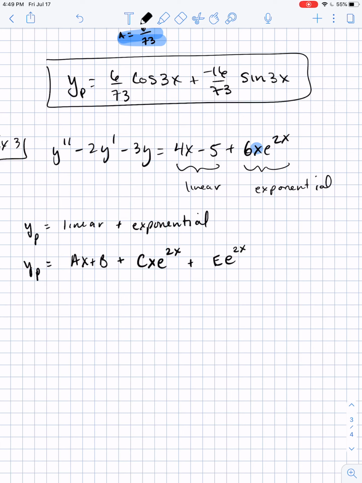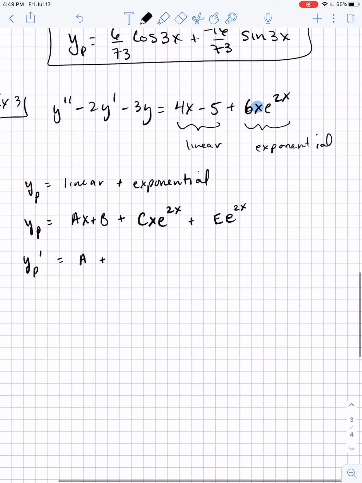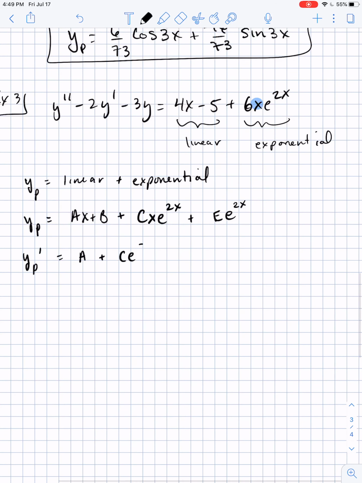So when you do this, now we're doing the same thing. Y prime of p, I'm just going to get a. Now this is a product rule, right? B is a constant, so it's going to be c e to the 2x, and then plus 2cx e to the 2x, and then plus 2E e to the 2x.